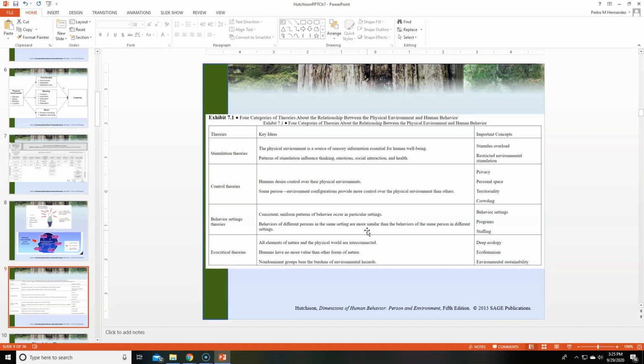Behavioral settings, program staffing, consistent uniform patterns. You may be used to having things a certain way in your house. A good example, which we all have experienced recently, is that you may have liked to come here every other week, face to face, but now you're in a different environment. It's all online. You may be a parent of a child, from elementary to high school, even college.